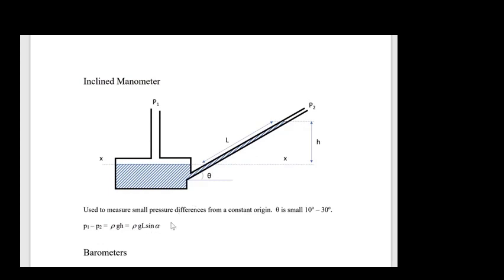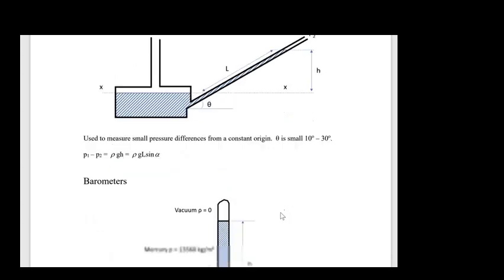That should be theta, not alpha. So rho gL sine theta is dependent on the angle that the manometer is inclined at. Generally, that's quite small, theta between 10 and 30 degrees.